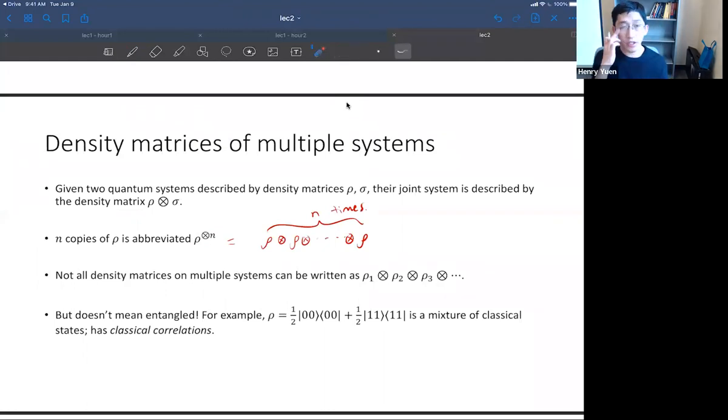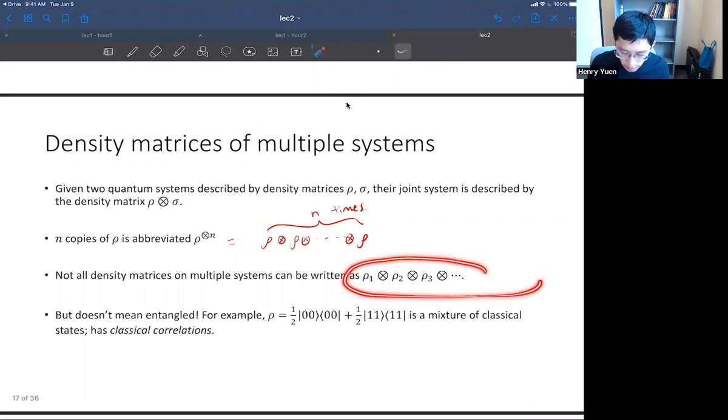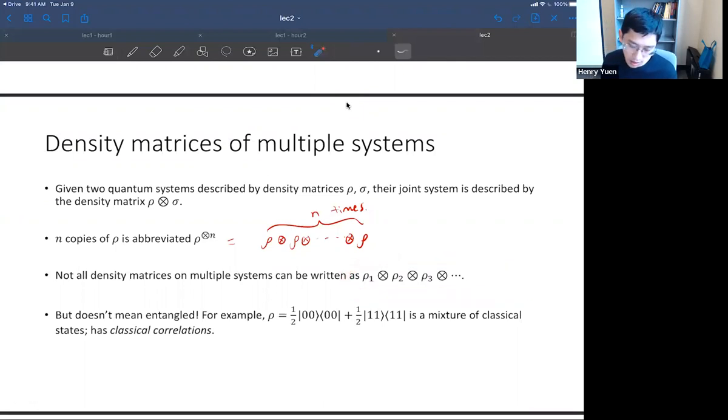Just like not every 2-qubit state can be written as a tensor product of a qubit state on the first qubit and another state on the second qubit, not every composite quantum system can be written as a tensor product of density matrices.